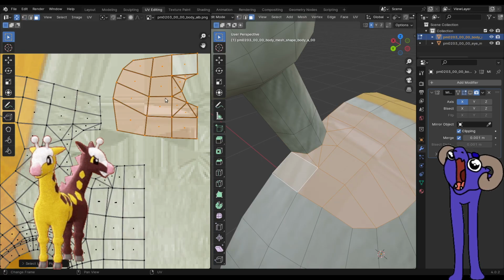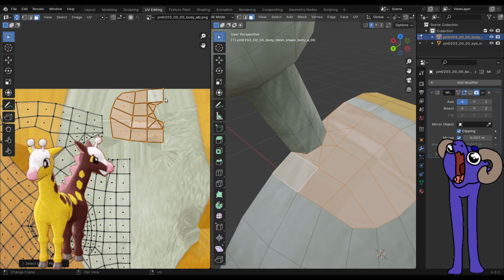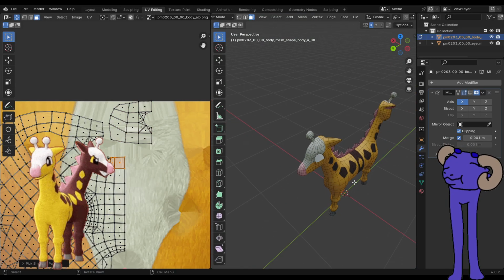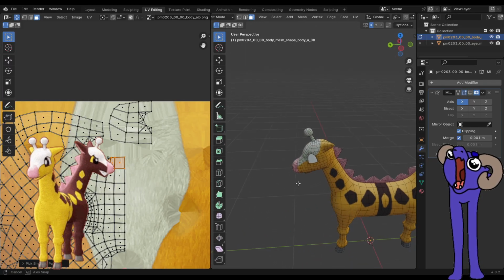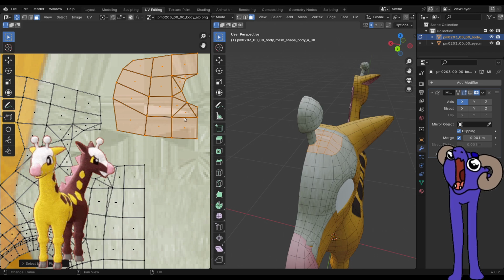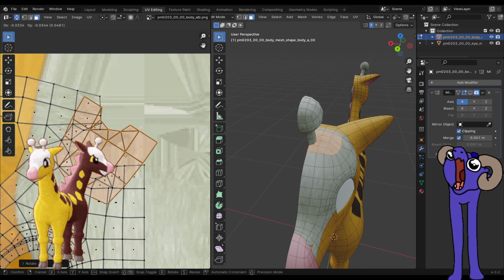Right, so... Where are these polygons? Those are on the other side. Okay. So if I line this up with that, it should work good.